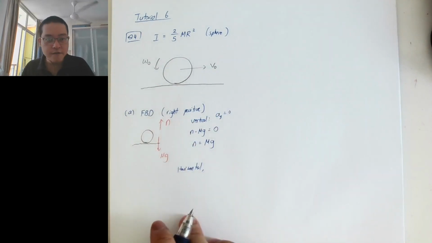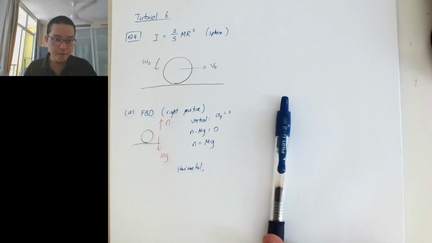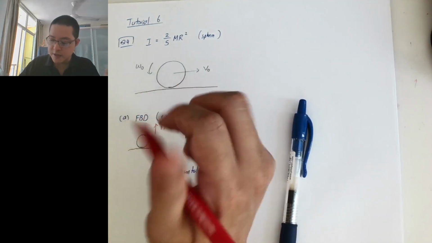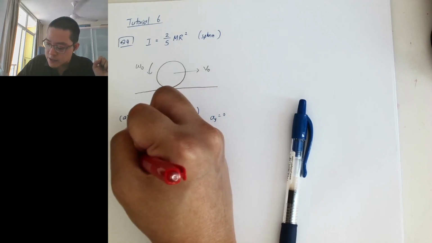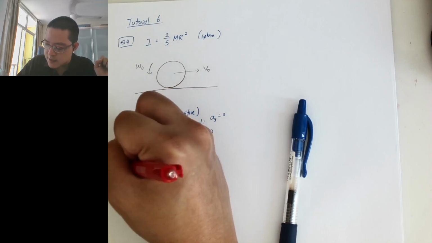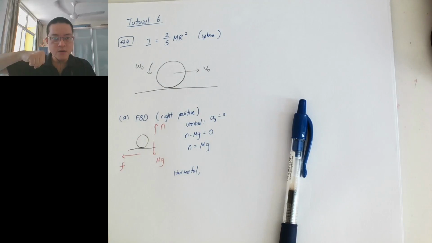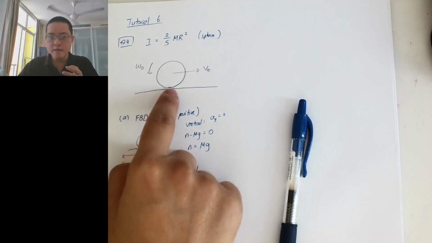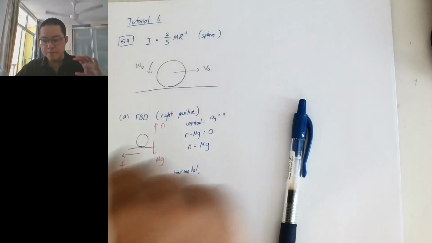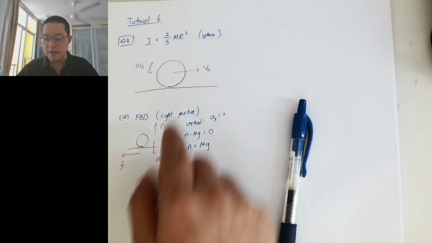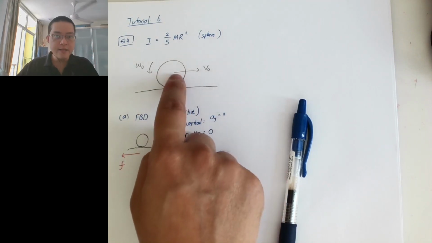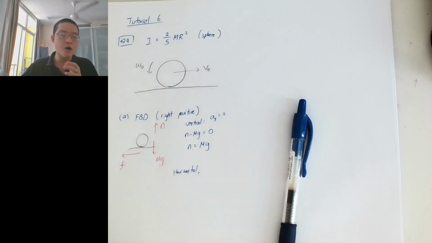There is only the kinetic friction. Do you agree? Because this thing is rolling against the ground, the friction is always opposing the motion.